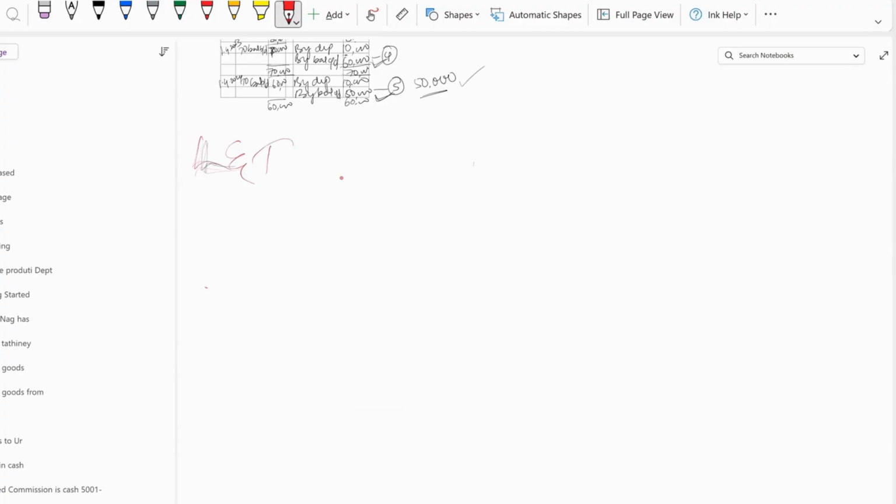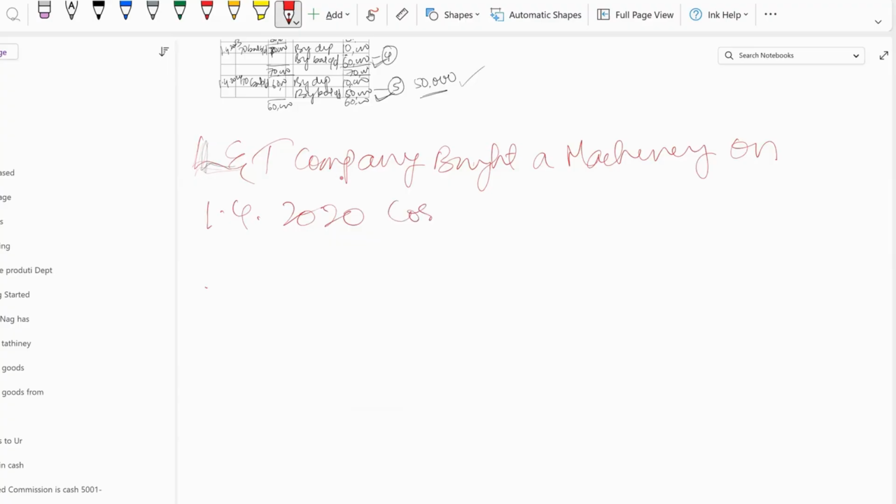Now L&T company bought a machinery on 1st April 2020. Cost is 80,000.